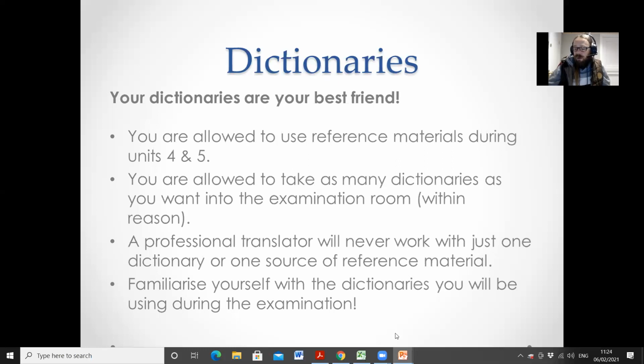Another trick you can do is order dictionaries on Amazon, making sure that you order directly from Amazon and not a third party seller. If you do, then you can order it, use it in the exam, and then return it to get your full money back, as long as you don't damage the dictionary, obviously. That's absolutely fine. It's not illegal.